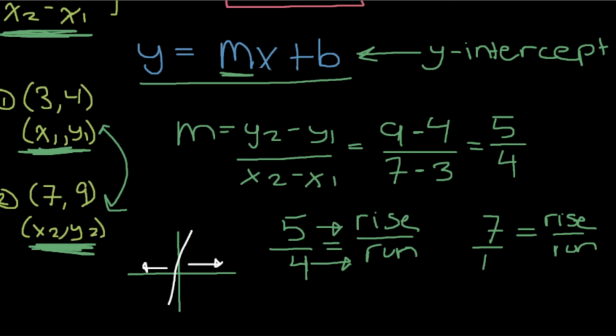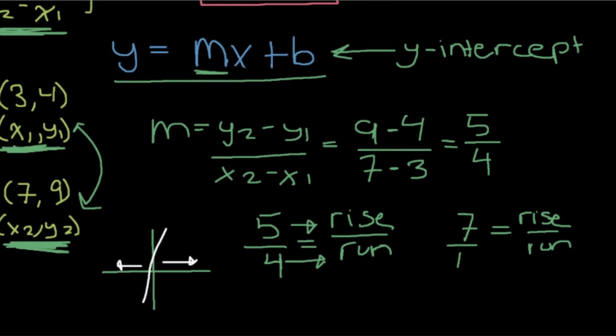So the 7 is rising 7 units, and the run is going to the left or right 1 unit.